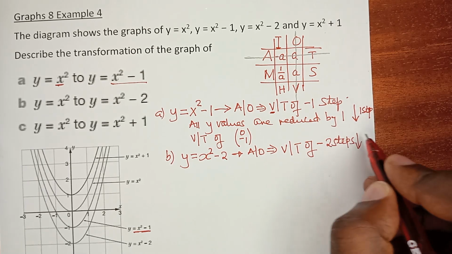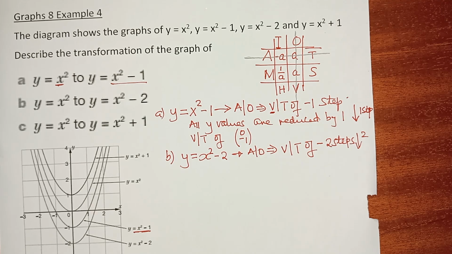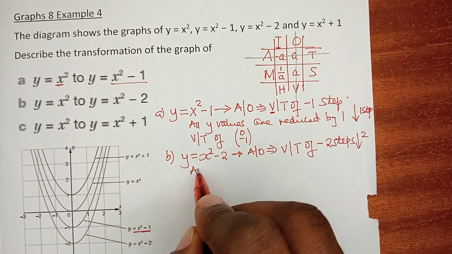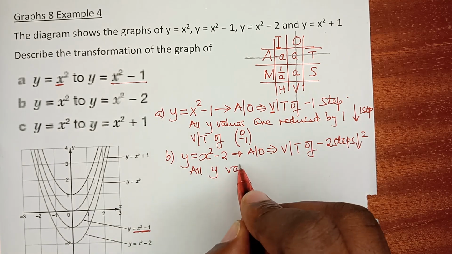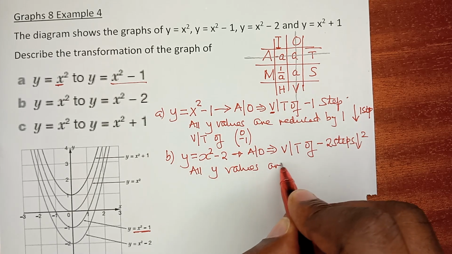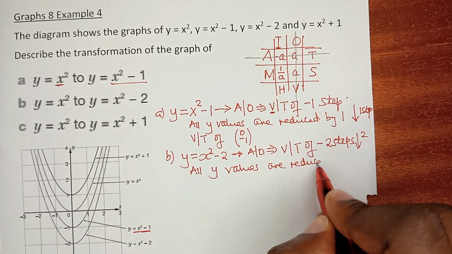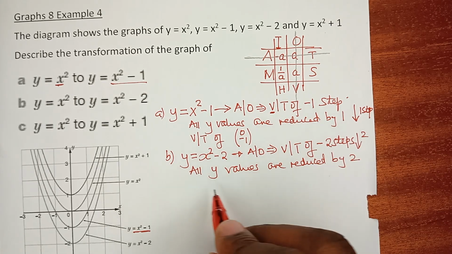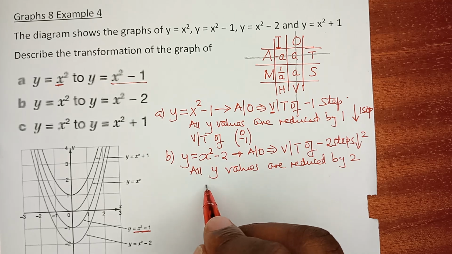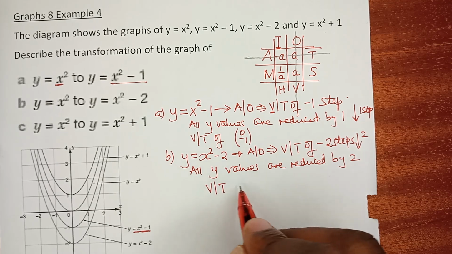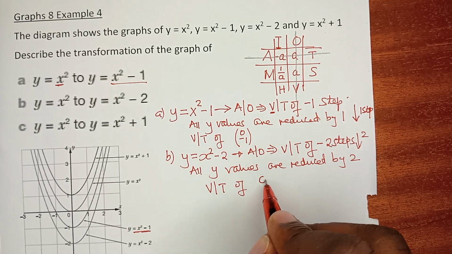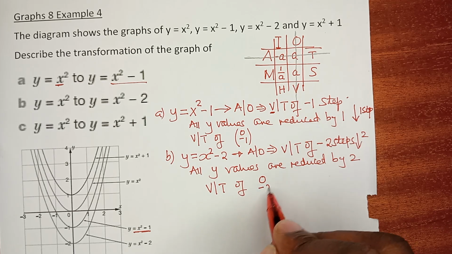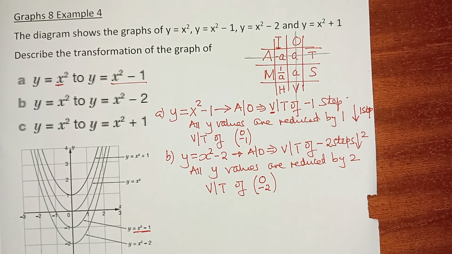It goes down 2 steps. All y values are reduced by 2. So x values are not affected, but y values go down 2 steps.